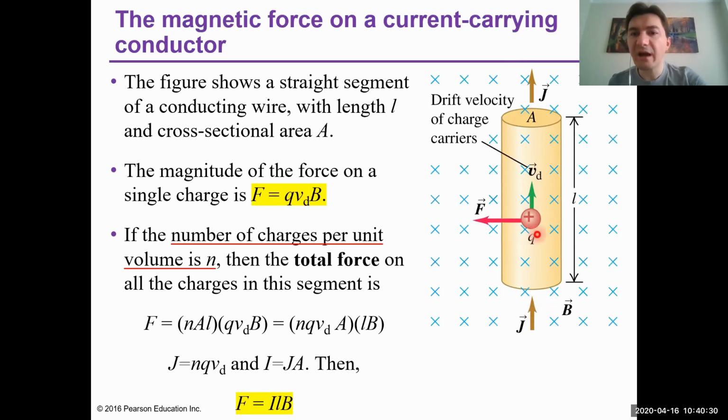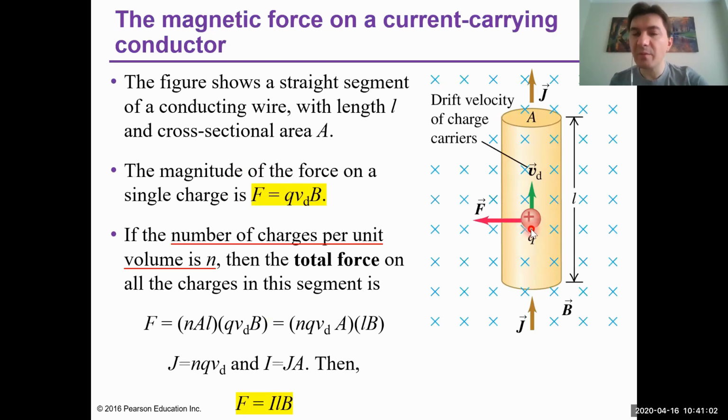Since we have positive charges and current density in that direction, the drift velocity is also along the current density. So positive charges are traveling with a certain drift velocity. Here we have the charge, the drift velocity, and the magnetic field, so there will be a magnetic force acting on that positive charge.